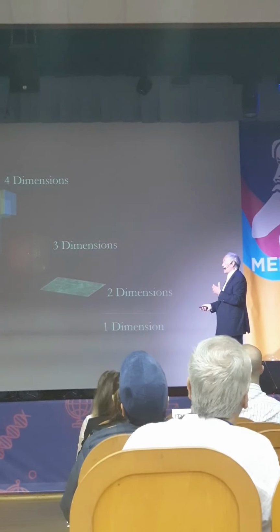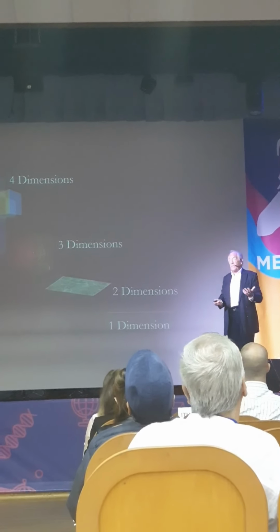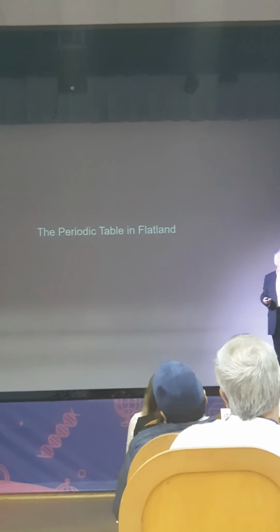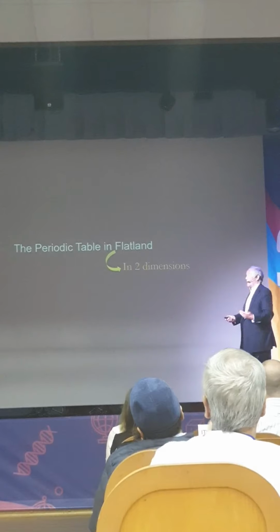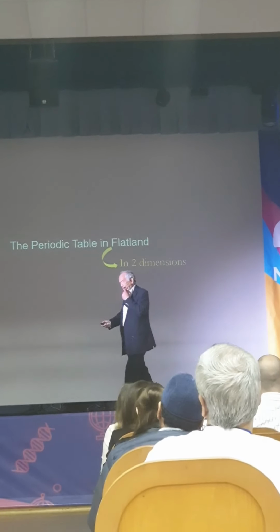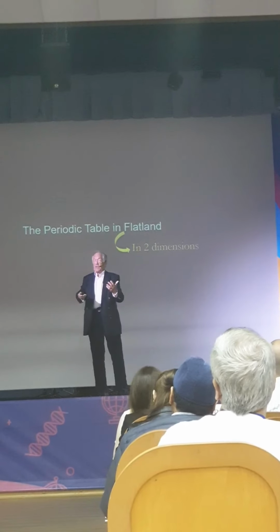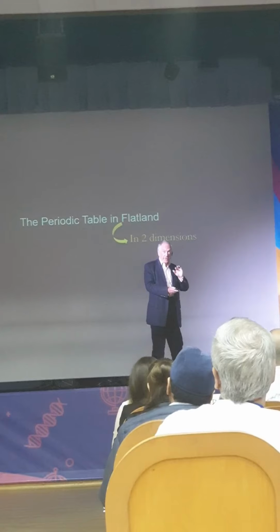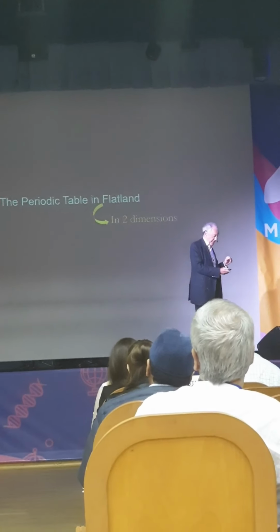So let me think about what the periodic table would look like if we lived in flatland, so that is, if the world were 2 dimensions. We know what it looks like in 3 dimensions, although of course there is no agreement even on that, as we have seen several times.